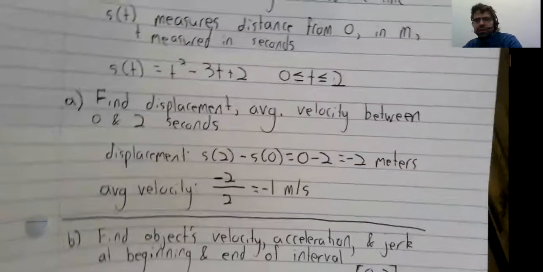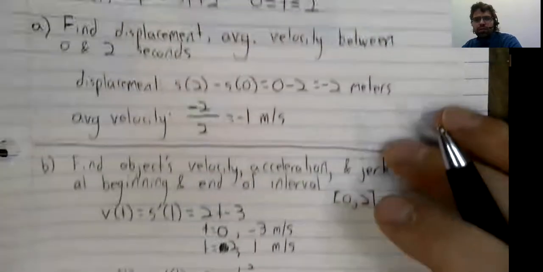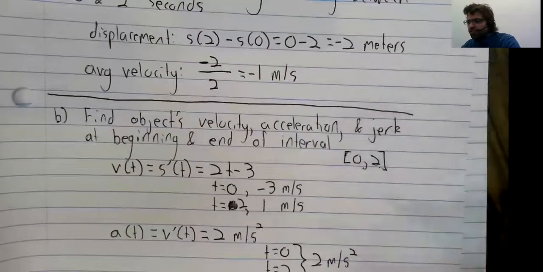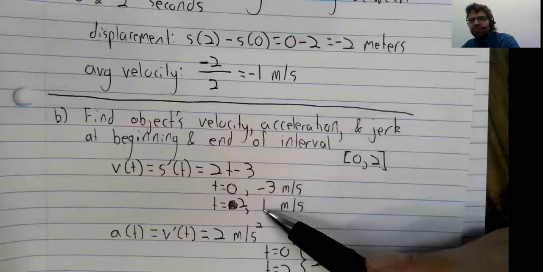Indeed, we see those both. The velocity is initially negative, then it's positive.